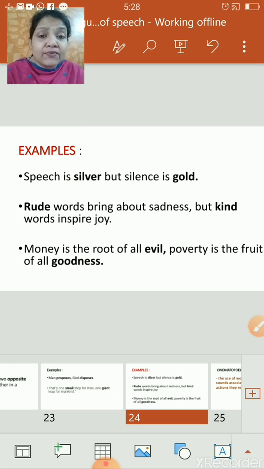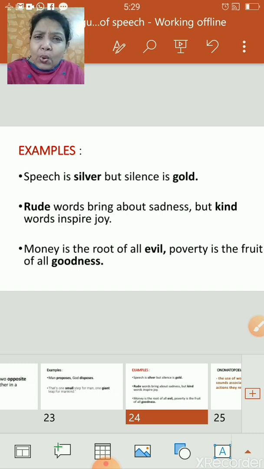But poverty is the fruit of all goodness, meaning it gives you goodness when none of the persons are greedy for money. So this is what the sentences are all about. I'm very sure that now you're clear with antithesis. Yes, these kinds of sentences are called antithesis.